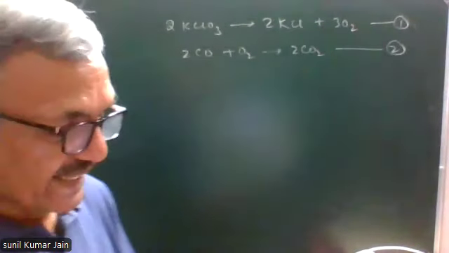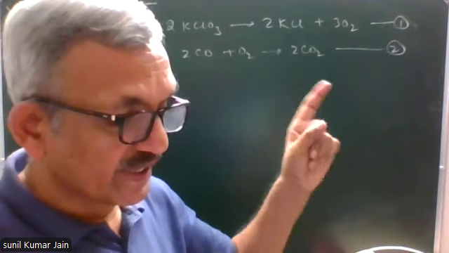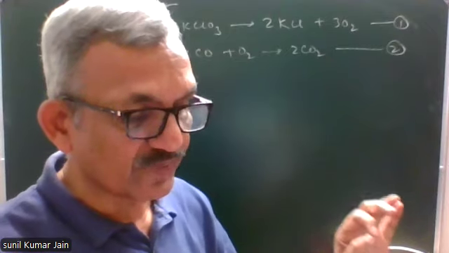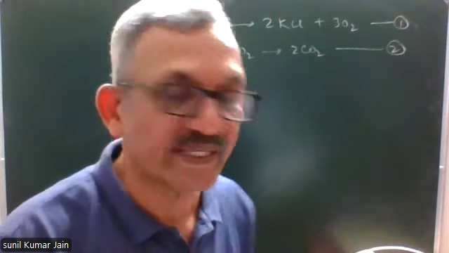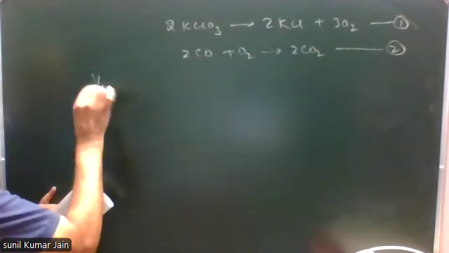Now, calculate the mass of KClO3, which on heating would produce sufficient oxygen required to burn 84 liters of CO, carbon monoxide, at STP.